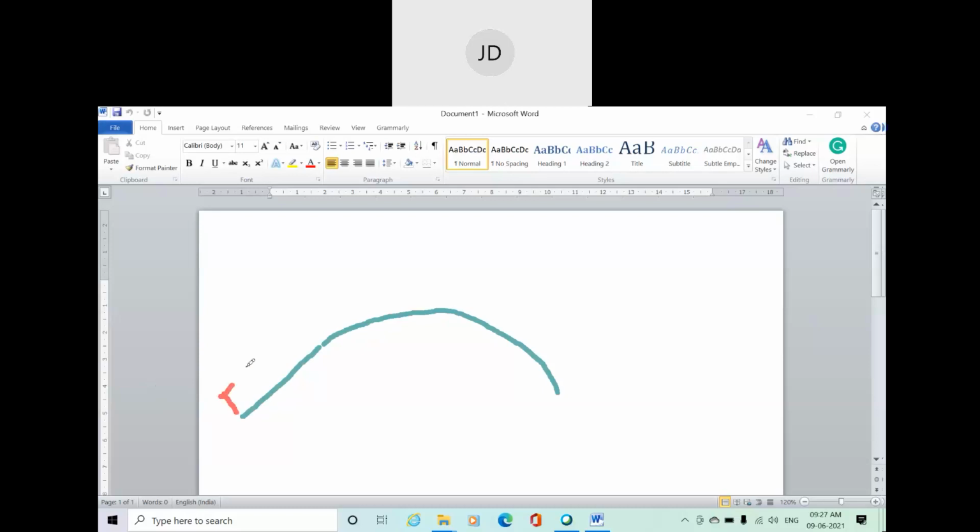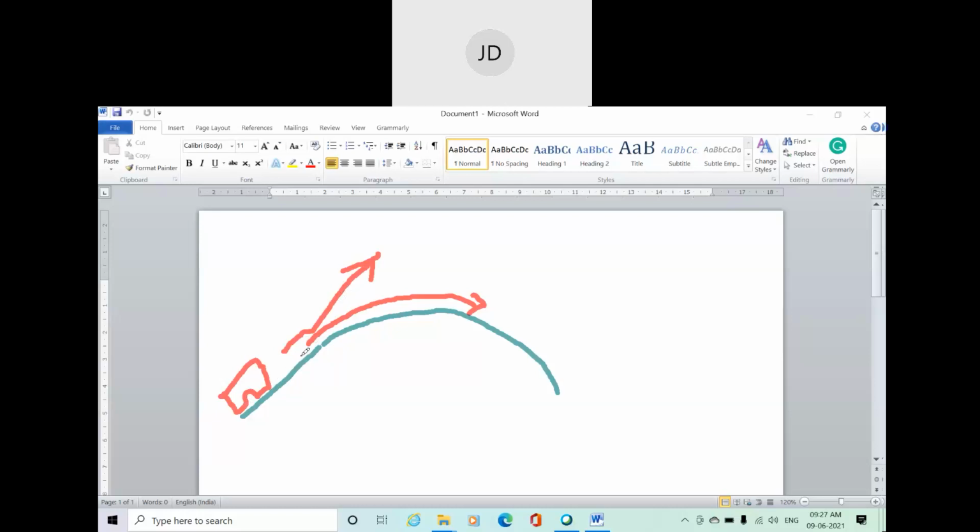A train moving along the straight track has a tendency to move straight. But we have diverted the movement of the train in this direction, and it has a tendency to move in the straight direction. So there is a possibility of derailment. Derailment means the train will diverge from the track.